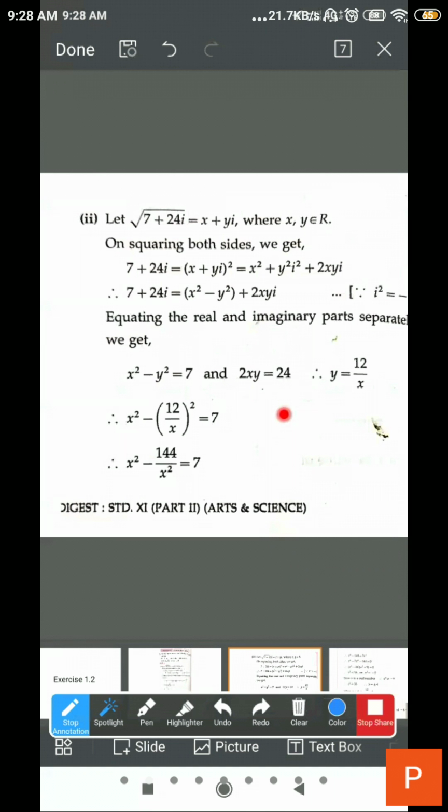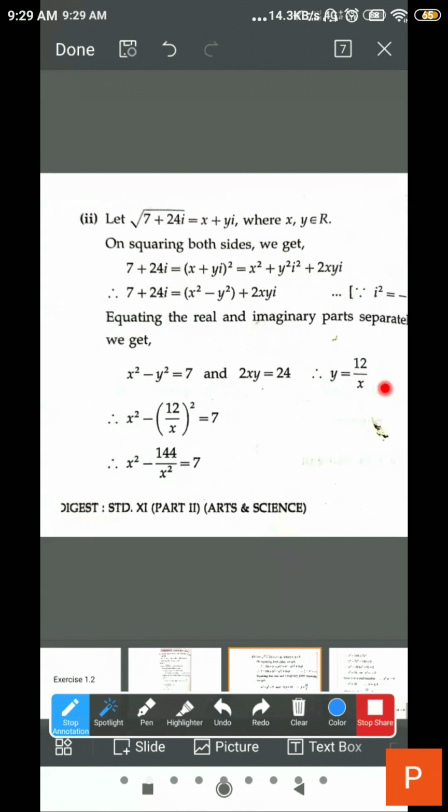Again we can take the value of y from the second part as y is equal to 24 upon 2x. 24 by 2x is nothing but 12 upon x. Okay, y's value will be 12 upon x.